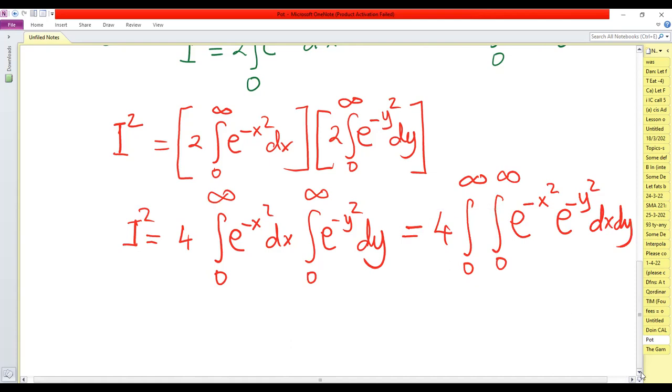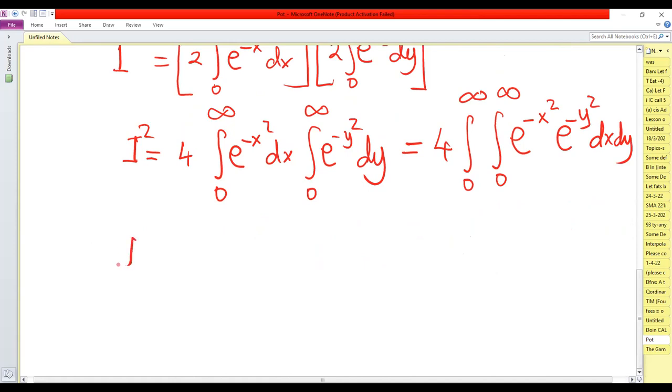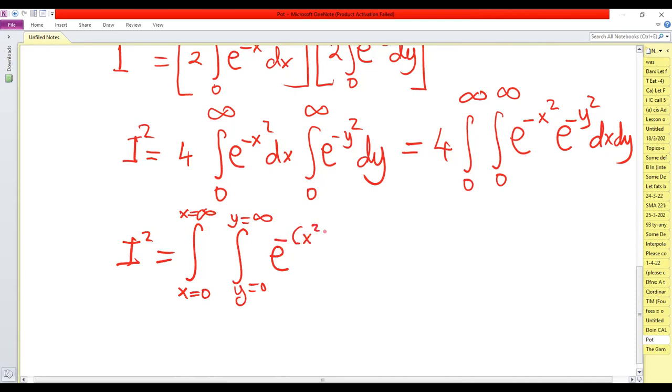Then using laws of indices, I squared equals 4 times the integral with x from 0 to infinity and y from 0 to infinity of e raised to power minus (x squared plus y squared) dx dy.